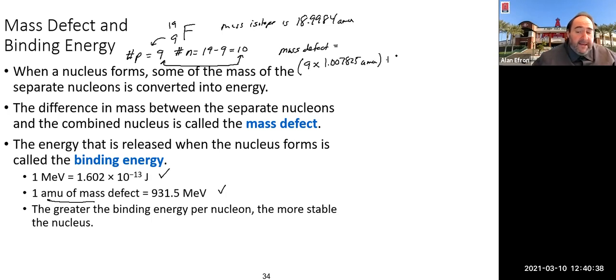We then add our 10 neutrons times the mass of a neutron, which is 1.008665 AMU. And we then subtract the atomic mass of the isotope, which is 18.9984 AMU.